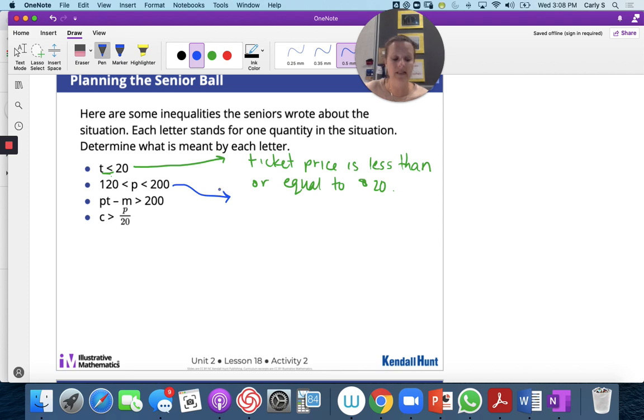It was a success and it is expected to be even bigger. Anywhere up to 200 people might attend. So this right here would say between 120 and 200 people are expected to attend.